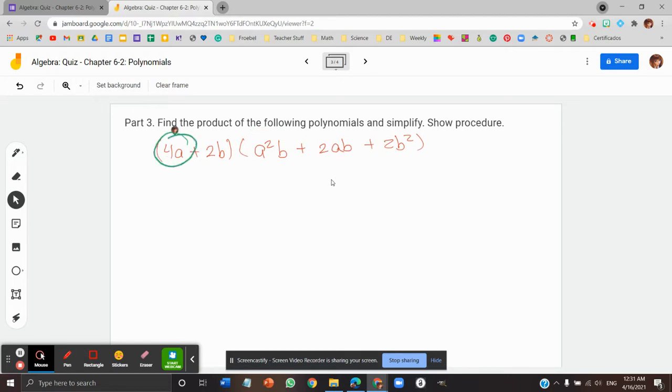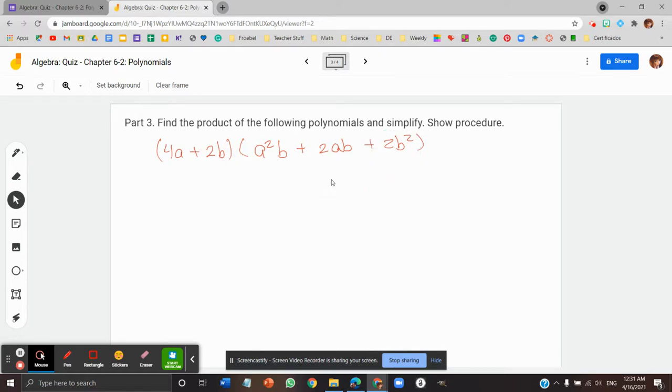Take the first term and multiply it by the second term of that group. Take the first term and multiply it by the third term of that group. Then take the second term from the first group times the first term of the other group, and so on until you multiply them all together. But let's do the traditional way.